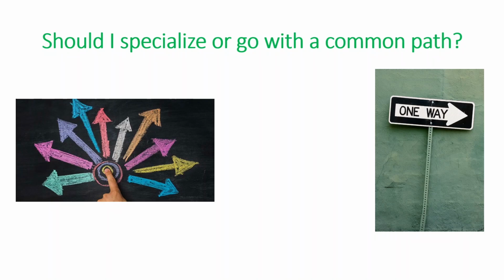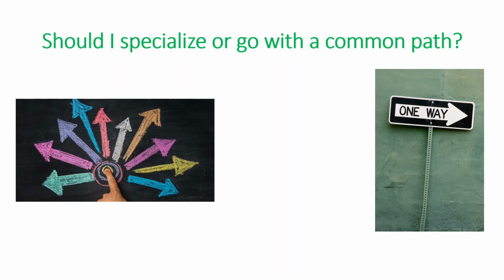So why am I saying move with the common path? If you don't know what you are going to do in your future, if it is not sure, you are going to depend on this thing, that means AI or data science or cybersecurity, in your upcoming years after graduation. So it is better to move with IT or computer science, because there will be so many paths when it comes to IT or computer science.